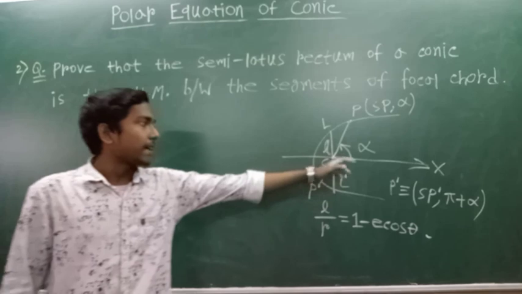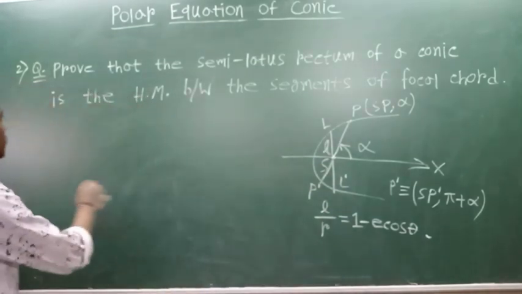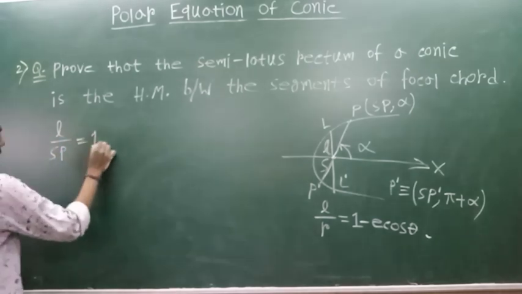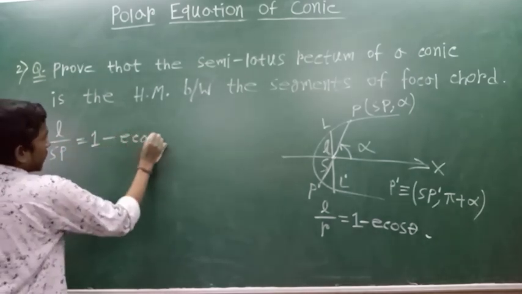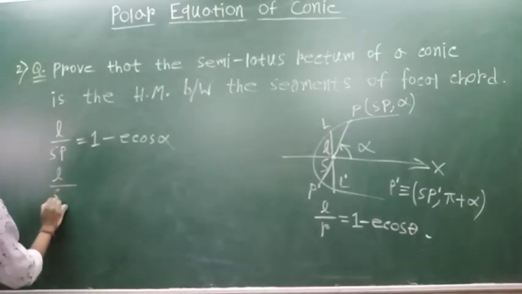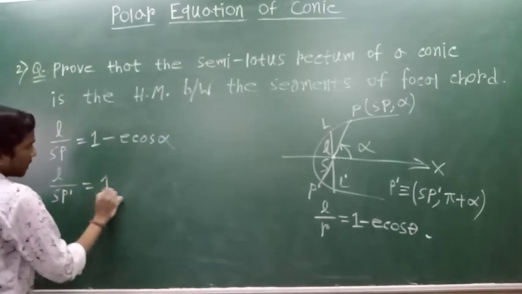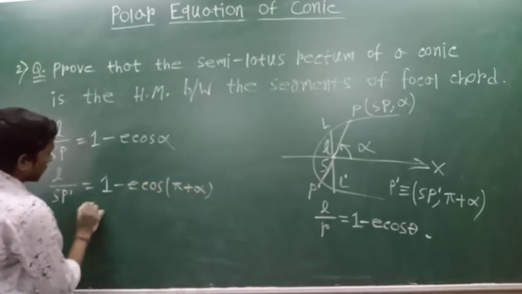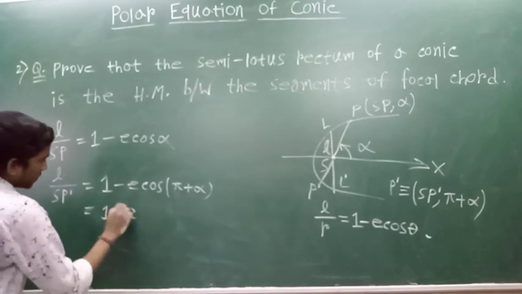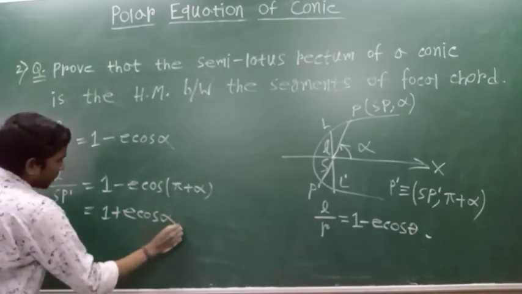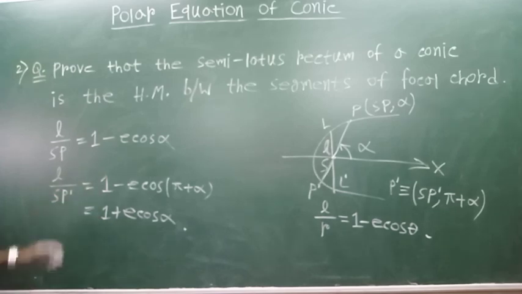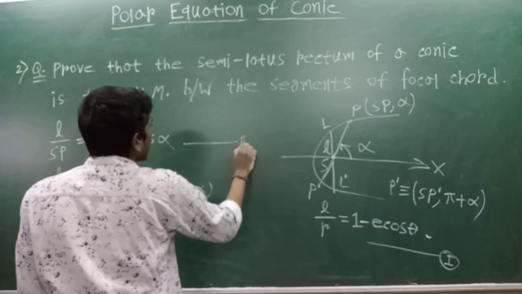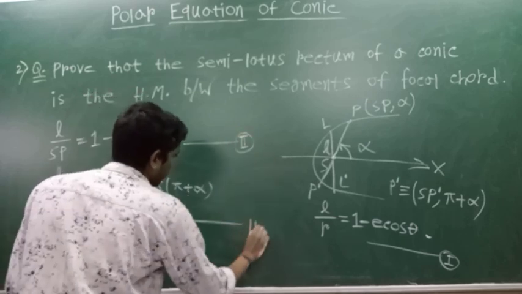Okay. Since they lie on the conic, they must satisfy the equation. So we'll put this here. We get l by SP is equal to 1 minus e cos alpha, and l by SP dash is equal to 1 minus e cos of pi plus alpha, which is equal to 1 plus e cos alpha. Okay. Now say this is our equation 1, equation 2, and equation 3.